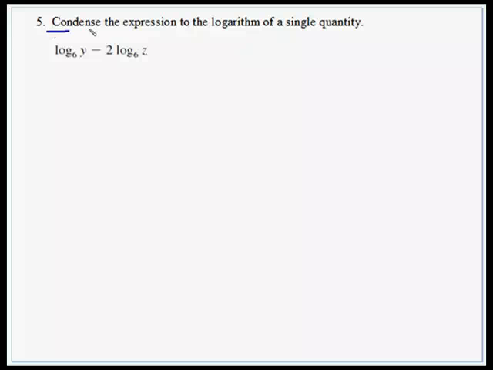Number 5, condense the expression of the log into a single quantity. So we have a log base 6 and another log base 6. The first thing I would address is this coefficient 2, that we can move up top and make that a z squared. So we have a log minus a log. When we condense a difference of logs, we're going to have a log of the same base 6.